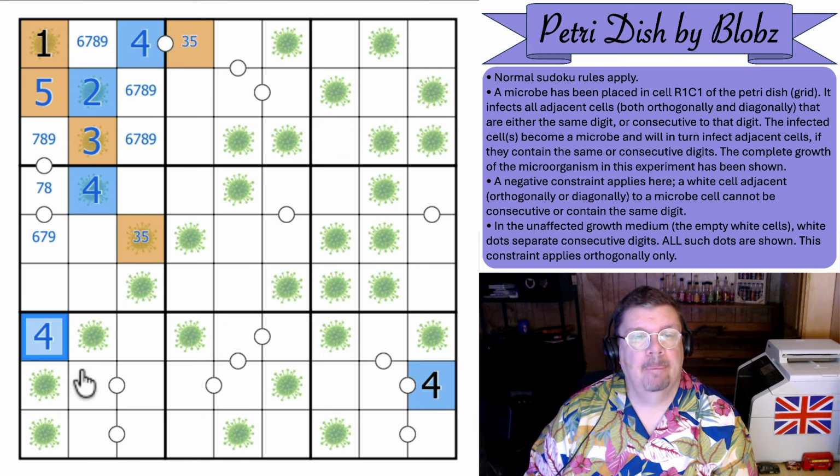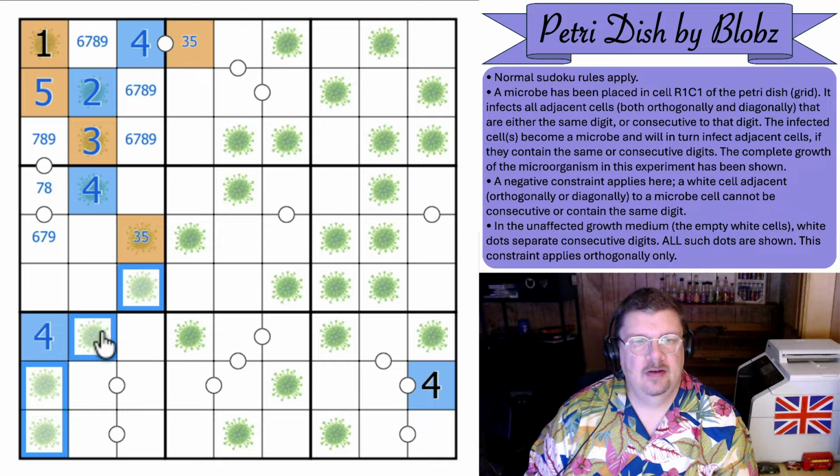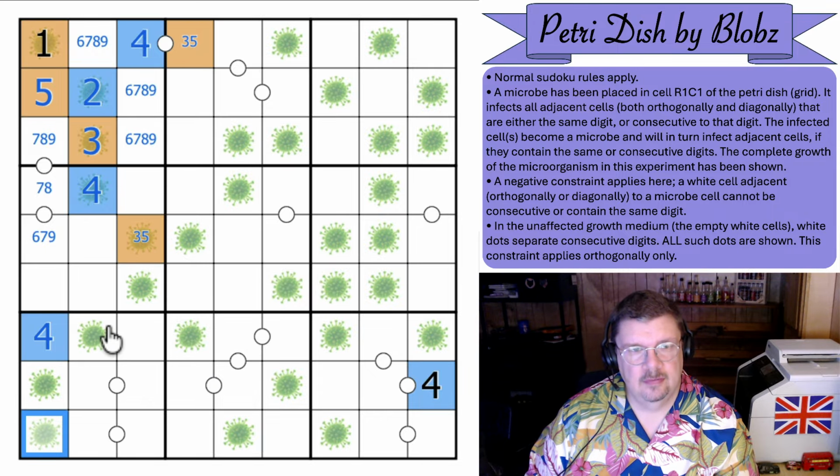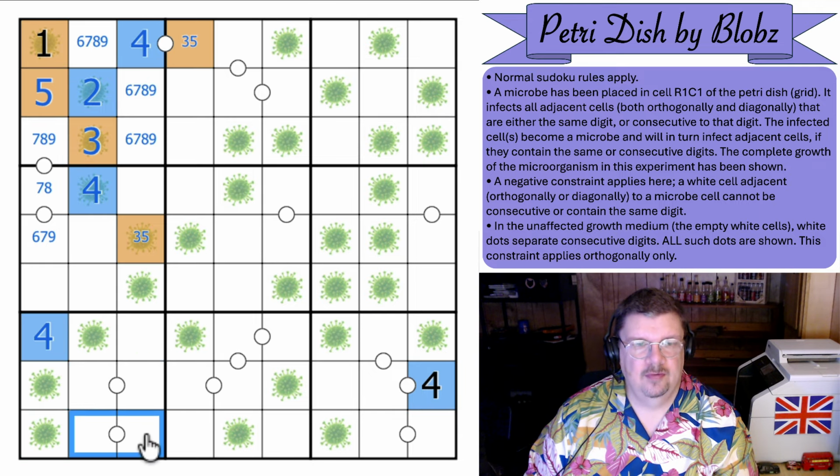Okay. So, because there is only one path for the infection to come through into this corner, we know that those two are different parities, as are those two because they're in the same box. Therefore, that is an odd and an even digit. But we also know that that's an odd and an even, and that's an odd and an even.